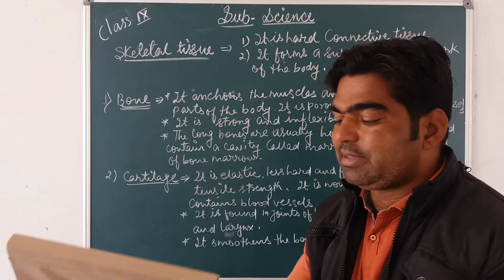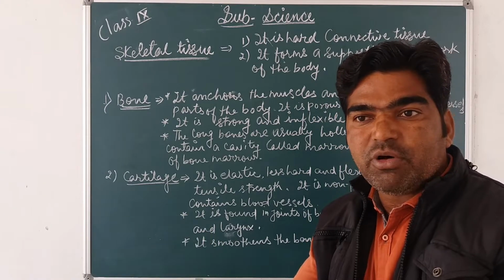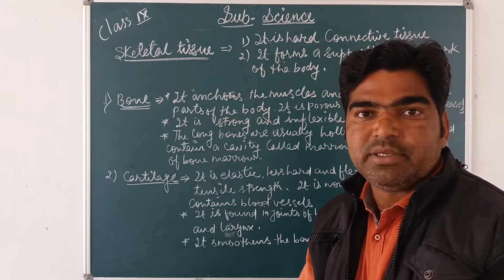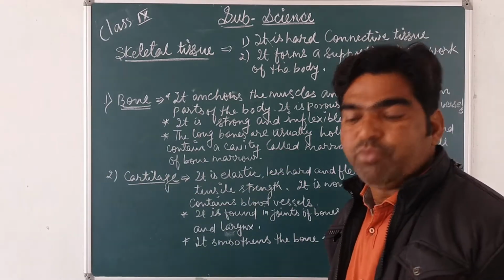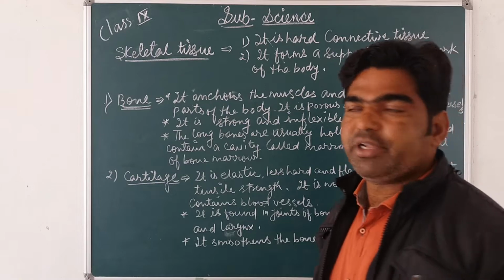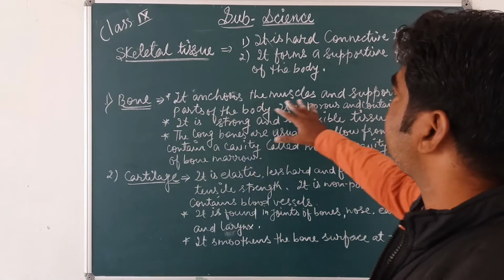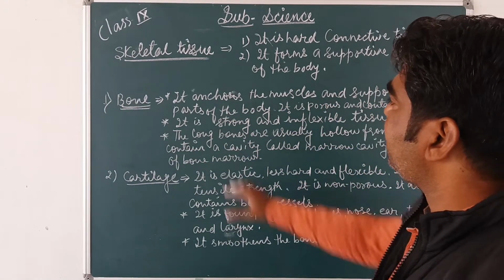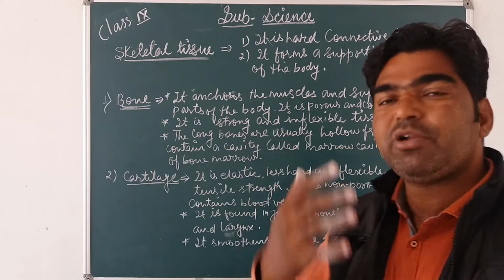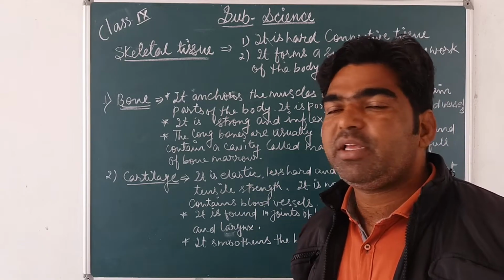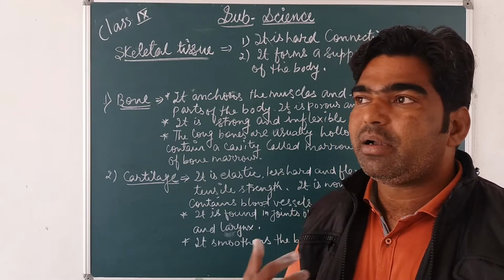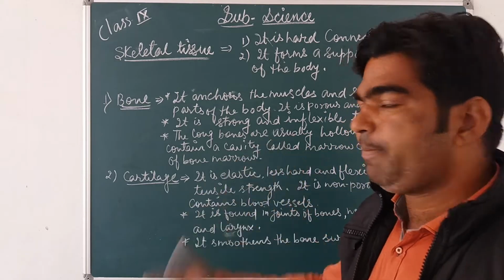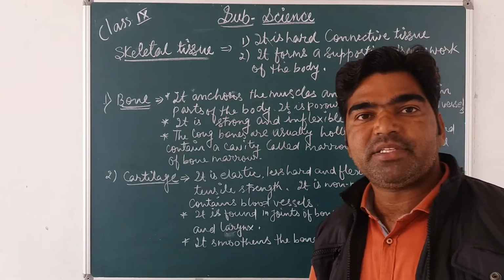Due to the contraction and relaxation of muscles, we can move our different body parts according to our will. Bone also gives support to our body. It also protects delicate organs like the heart, lungs, kidney and brain.